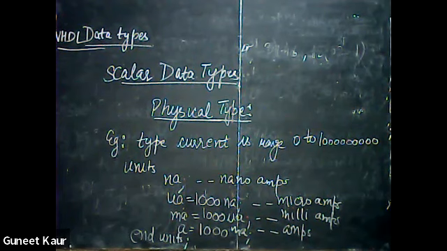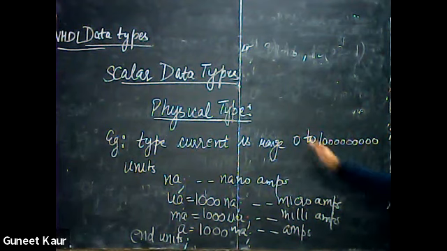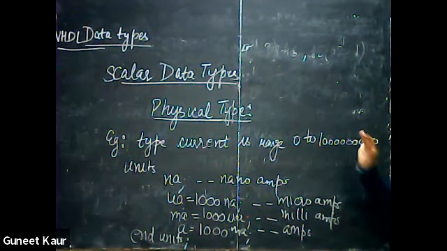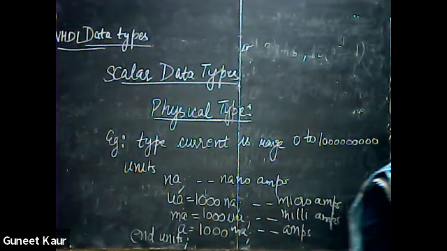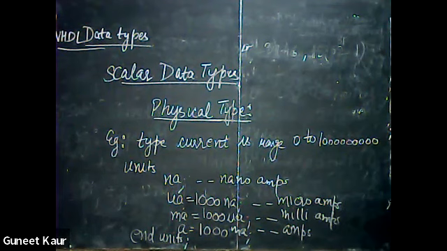The type definition begins with the statement that declares the name of the type, current, and the range is as you can see in the example, 1 into 10 raised to power 9. The first unit declared in the unit section is the base unit, that is NA. In the example, the base unit is NA, that is nano.